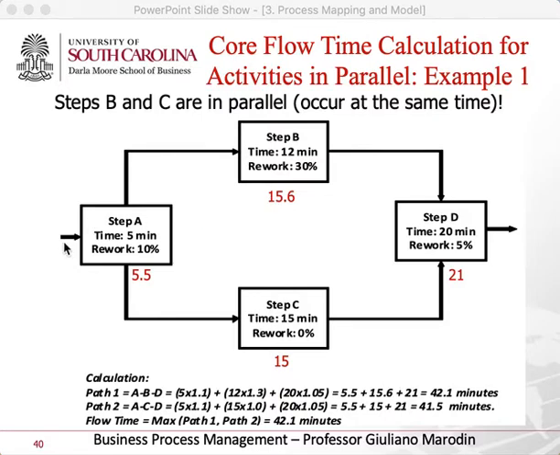In this case, we have a path that is A, B, and D, and another path that is A, C, and D. And if you remember from previous operations management core courses, we talked about project management and the critical path, and that's kind of the same logic. So, what is the critical path in any project?